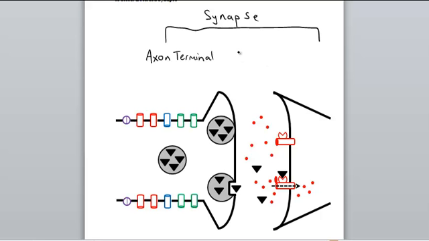Then there's a gap, and then there's the dendrite of the next neuron. Let's look at the gap. The gap is called the synaptic cleft. That's its technical name. It's the space between two successive neurons.